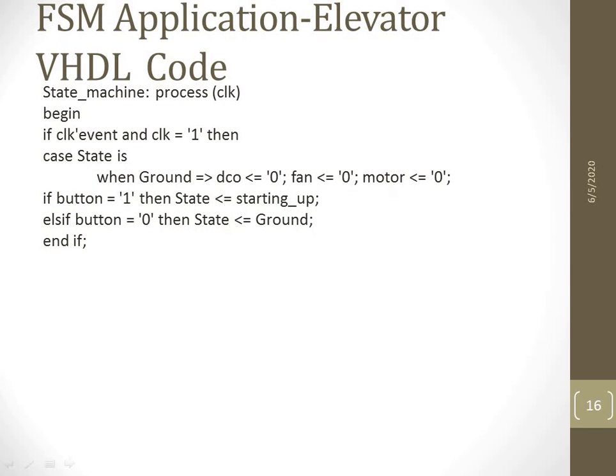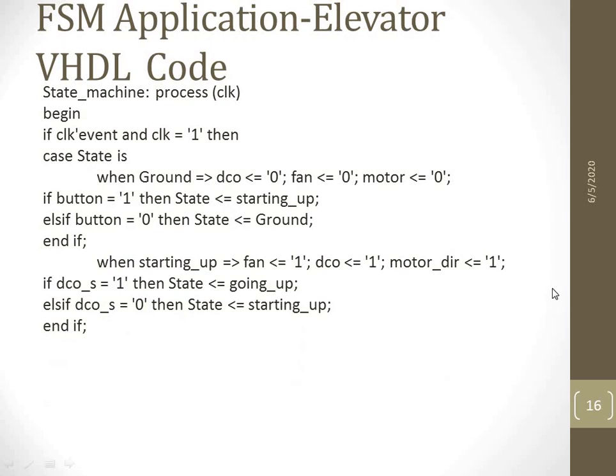So when ground, what should happen? My door close will be 0, fan will be 0, motor will be 0, but if button is pressed, then it should start up. That means the next state should be starting up, otherwise it should stay on the ground itself. Similarly, in the next case, when starting up, I should make the fan on.